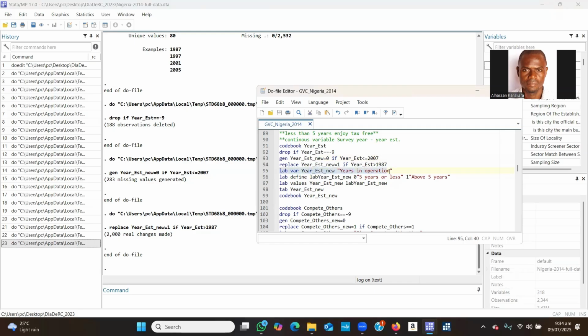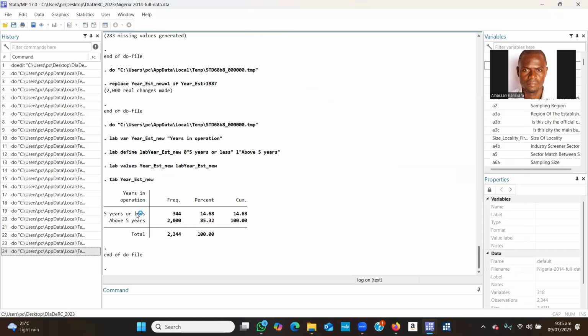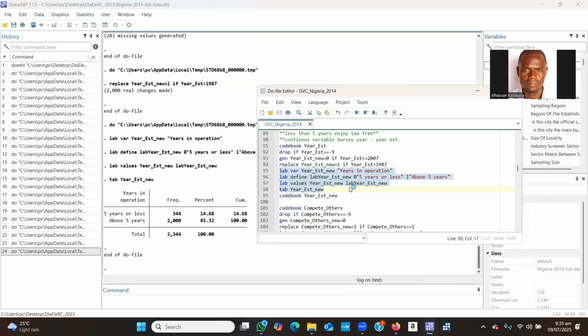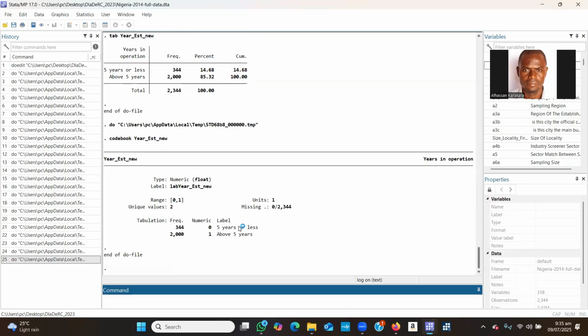I wanted to see those that are 5 years or less and those that are above 5 years. If you define years in operation as 5 years or less and above 5 years, at the end, firms that are 5 years and above are 2,000 out of the total firms. So if you codebook year, you see that we have only 2 categories: firms that have spent 5 years or less and firms that are above 5 years.